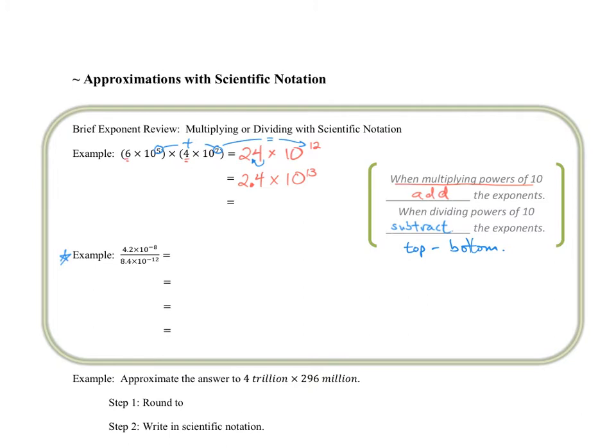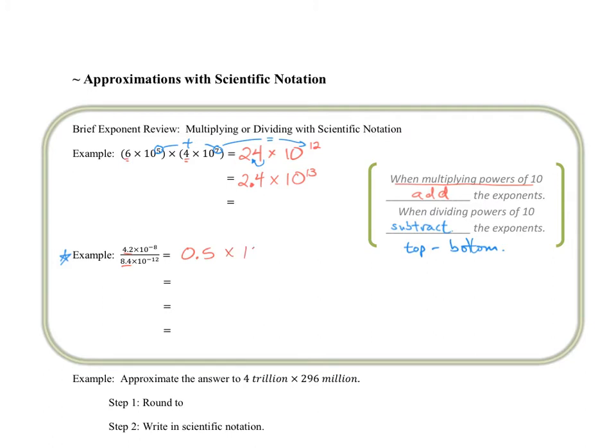So just like we multiplied the two numbers that were up here, we're just going to divide these two numbers that are right here. And if you just type it into a calculator, 4.2 divided by 8.4 is 0.5. And I'm going to write this out a little more explicitly with these powers of 10 because they're both negative.